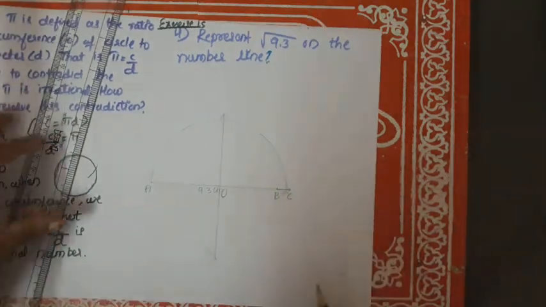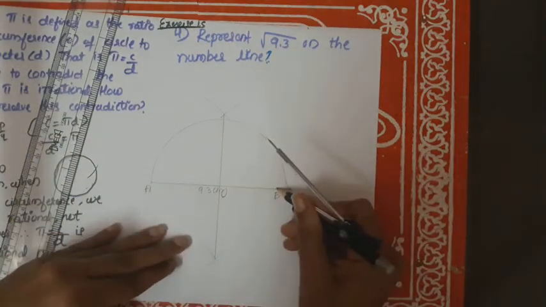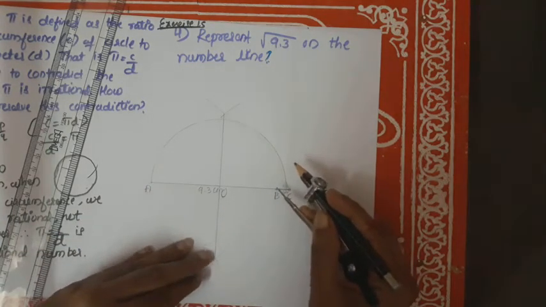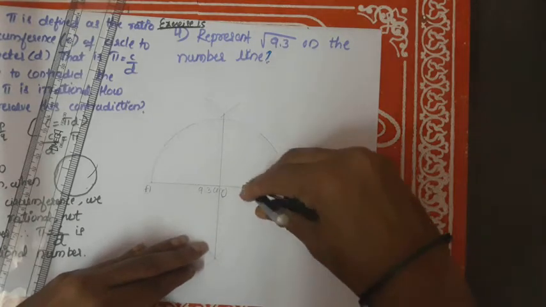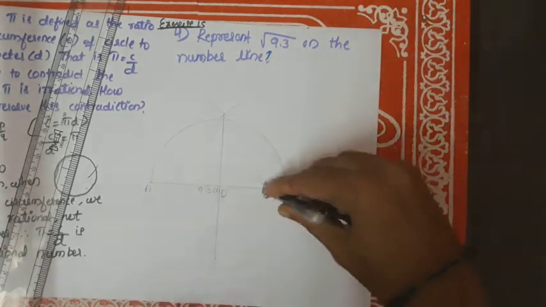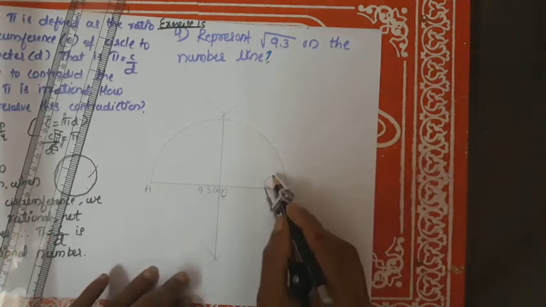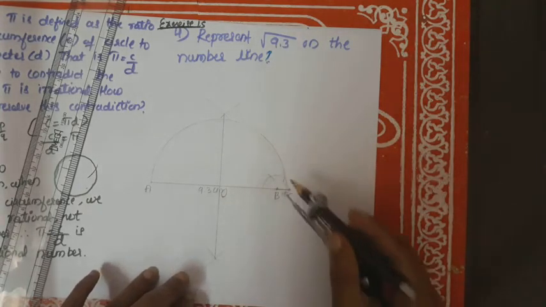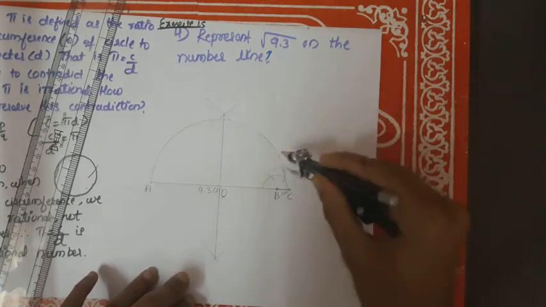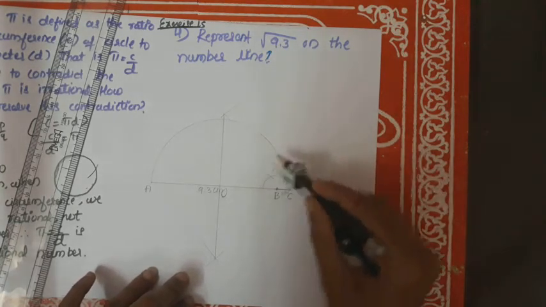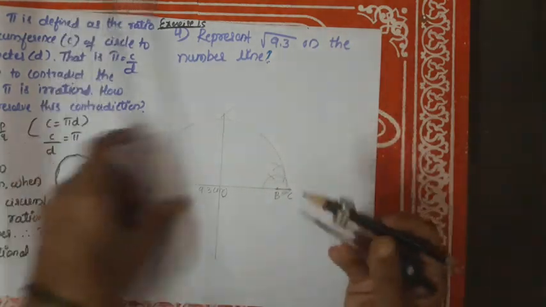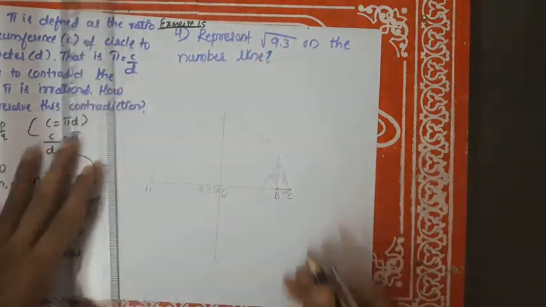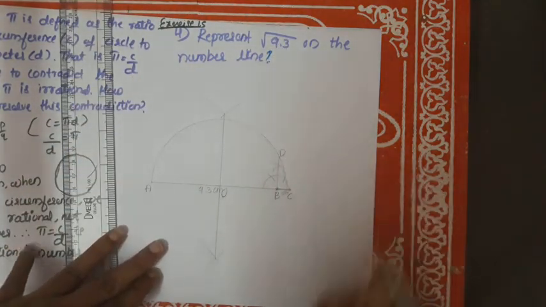Then here we have point B. Draw a perpendicular to AC from B. I draw an arc here, and this is the perpendicular. I call this D.